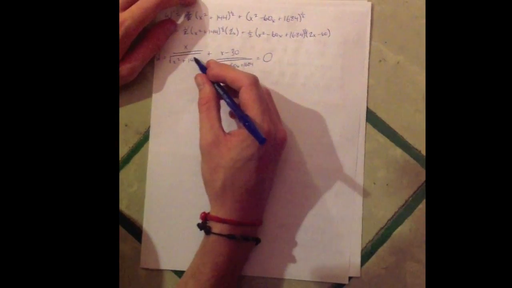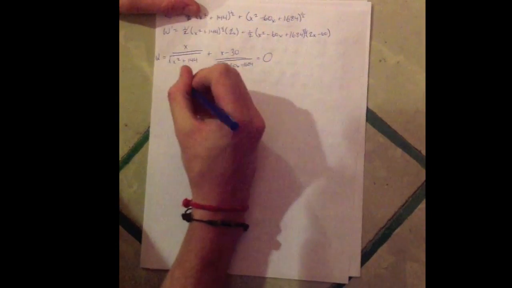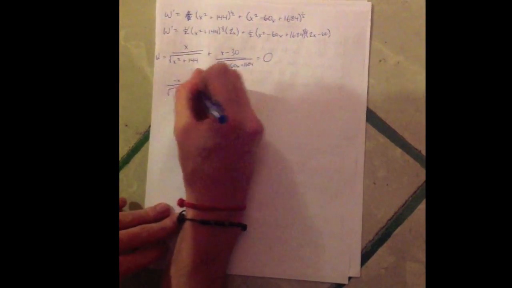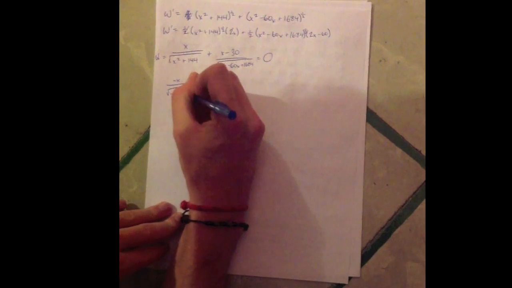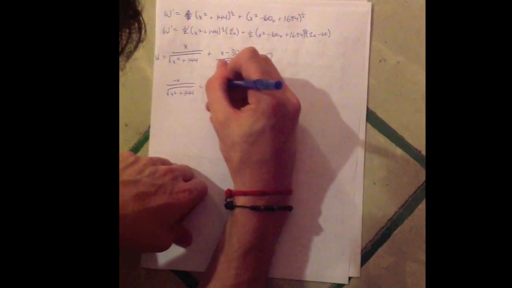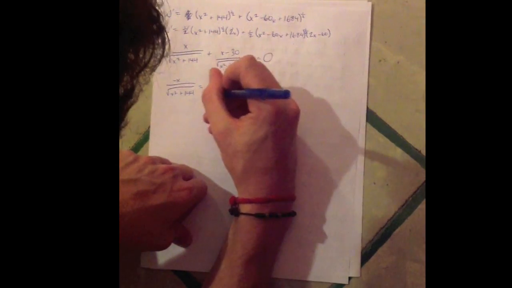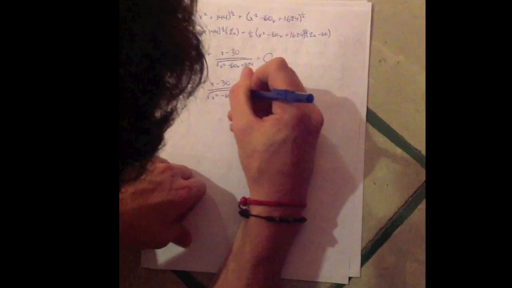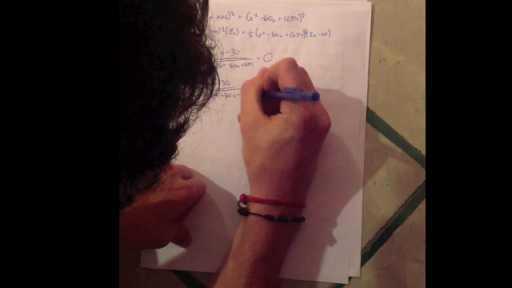So move this to the other side, we get that negative x over the square root of x squared plus 144 is equal to (x minus 30) over the square root of x squared minus 60x plus 1684.